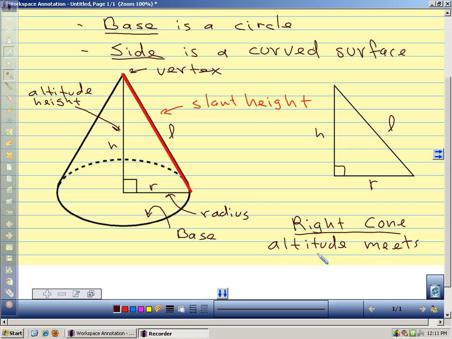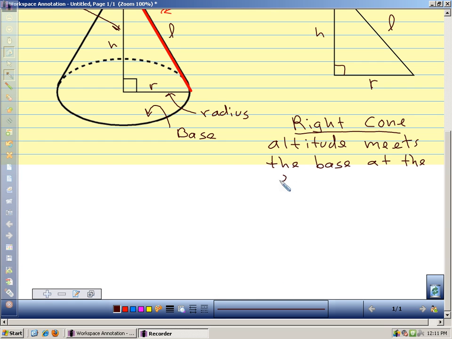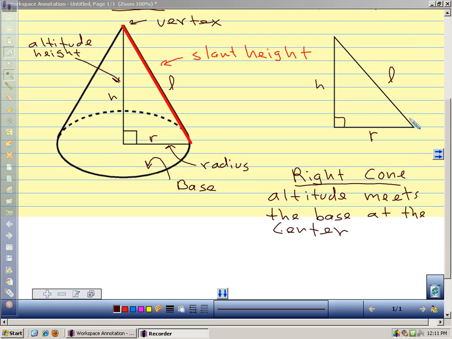So I'm going to say it meets the base at the center. So this cone that we drew here is a right cone because our altitude comes right into the center of the base.